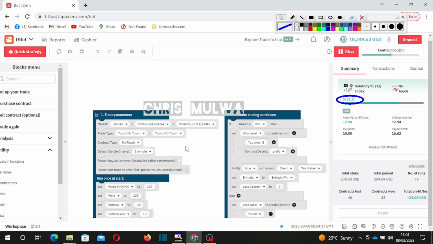Already 2 contracts are gone, so this is the 3rd contract. Let us see, and we are still on win. If you can check the 2, we are winning.